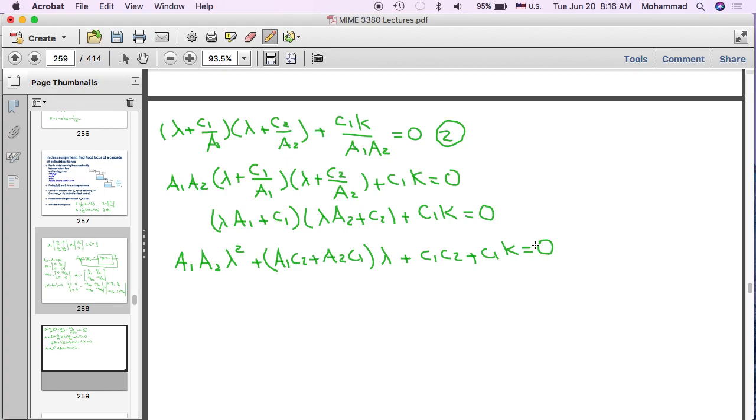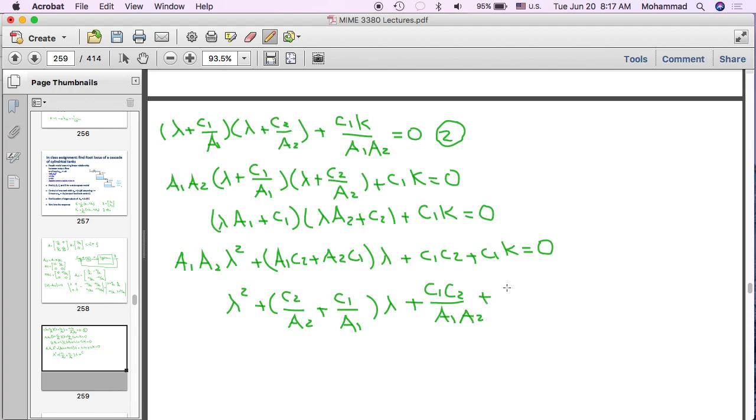And if you wanted to give it a closer appearance to the standard second order characteristic equation, we can divide by a1 a2, and this becomes lambda squared plus (c1 over a2 plus c2 over a2 plus c1 over a1) times lambda plus c1 c2 over a1 a2 plus c1 k over a1 a2 equals 0.